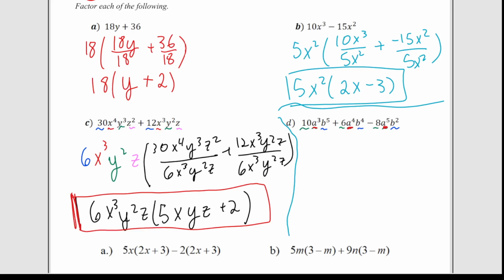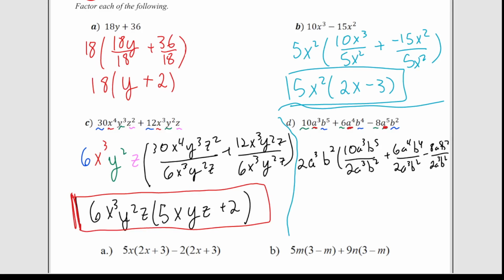So we have 10a cubed, b to the 5th divided by 2a cubed, b squared, plus 6a to the 4th, b to the 4th divided by 2a cubed, b squared, minus 8a to the 5th, b squared over 2a cubed, b squared.